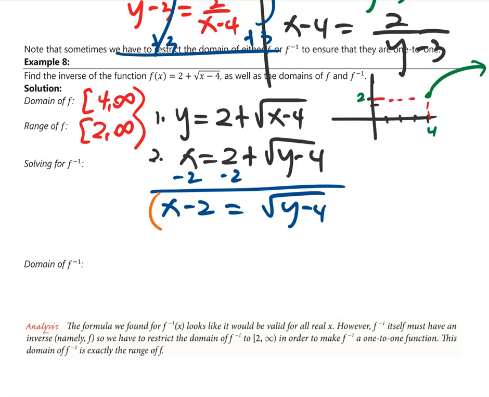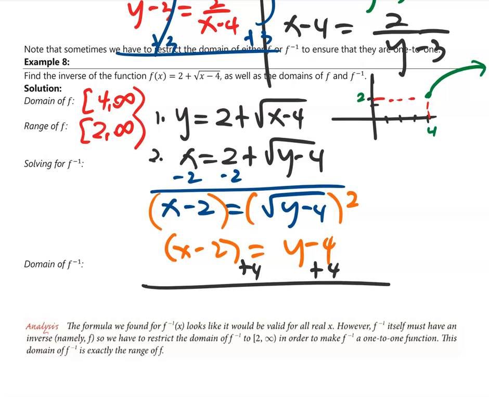And then square both sides to get rid of this square root. So x minus 2 squared is equal to y minus 4. And then last is we add 4 to both sides, so y is equal to x minus 2 squared, plus 4. So that is the inverse.